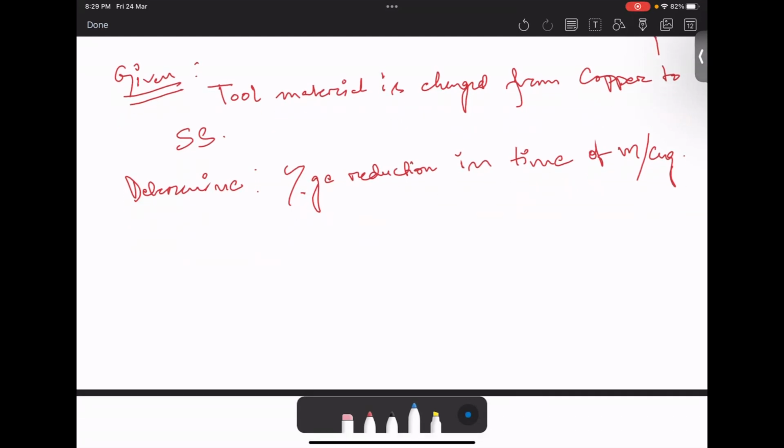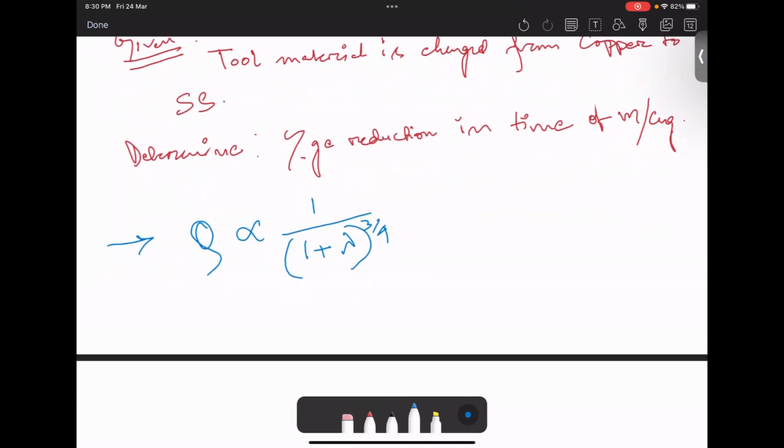So actually, if we go to the solution, you know that the MRR Q is inversely proportional to (1 plus lambda), the ratio of hardness of your workpiece to the tool, and it is raised to the power of 3 by 4, right?